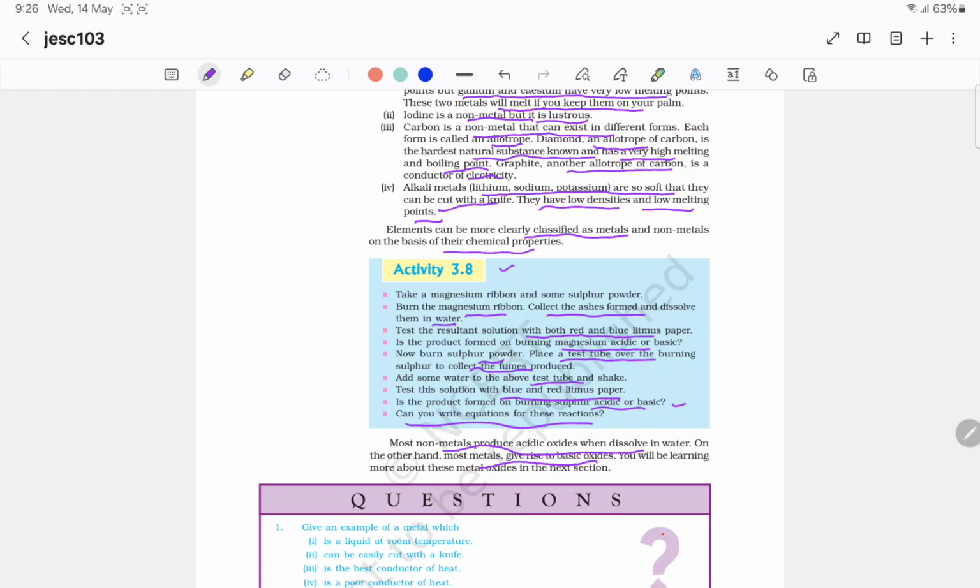So in this activity, when we burn one that is a metal and another that is a non-metal, the product formed is an oxide. We check it with red and blue litmus paper, which basically test whether it is an acidic or basic solution.